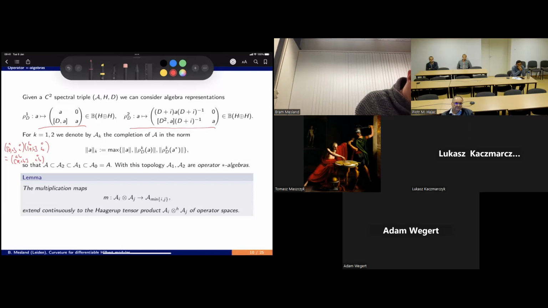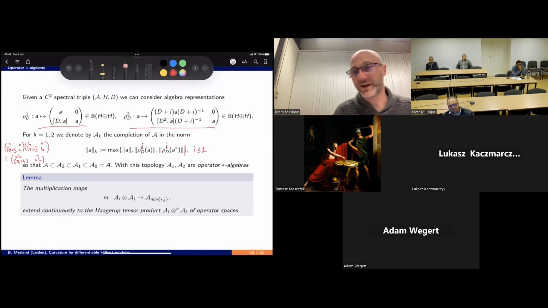Actually, I noticed that here I should have written something different. I want this for all i less than k. Sorry about that. So of course, for my C2 norm, I want both the C2 and the C1 norms to be bounded.